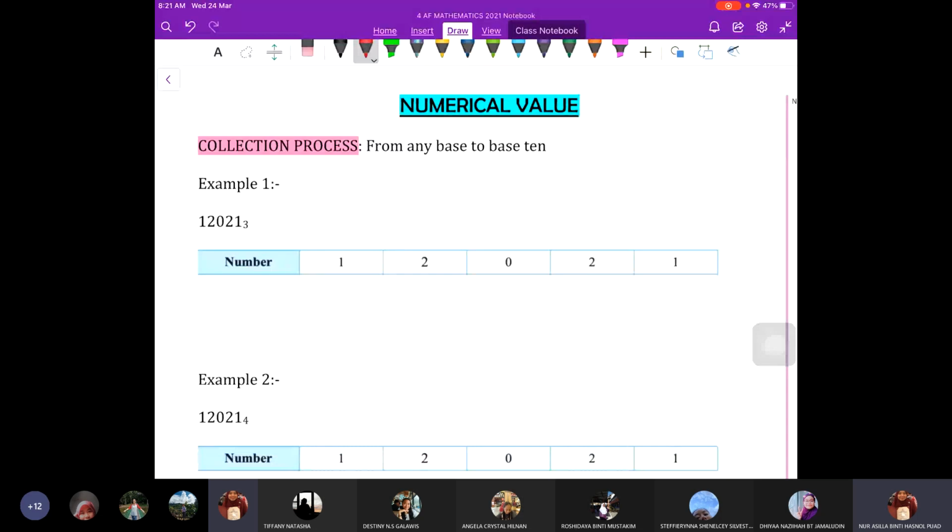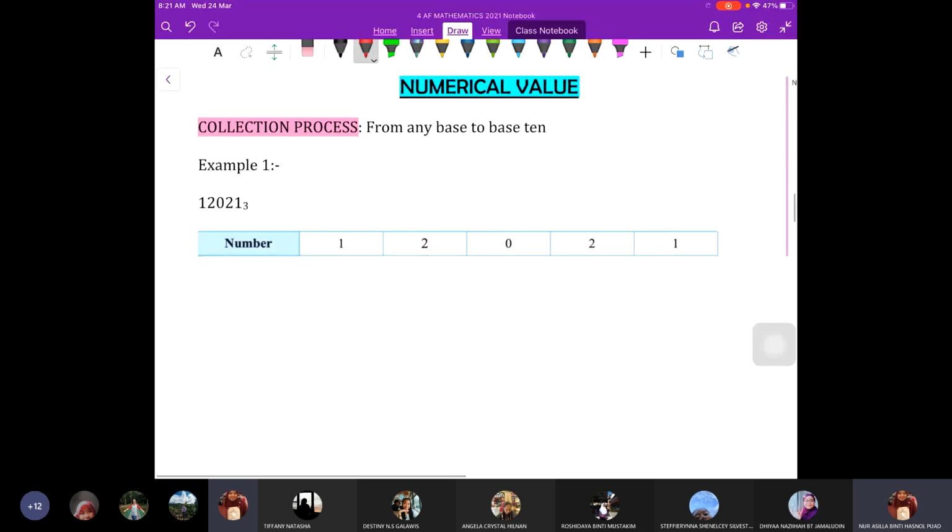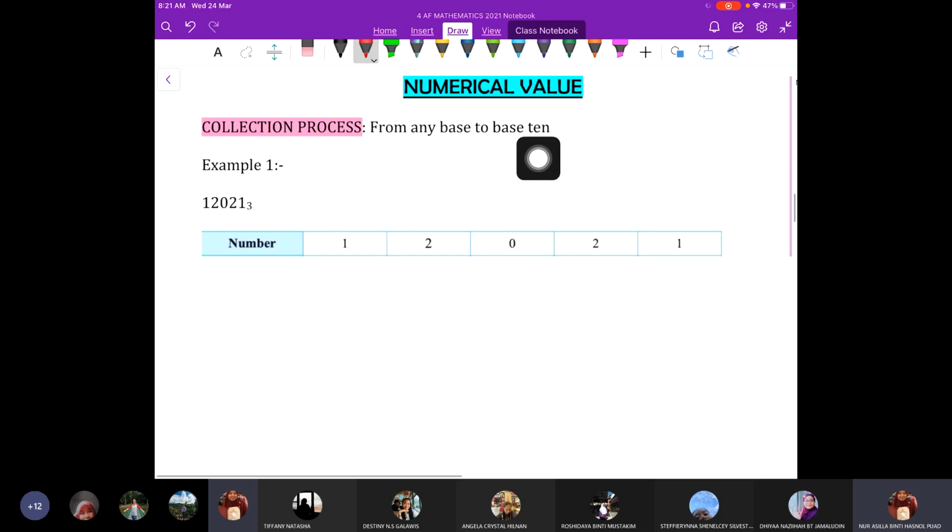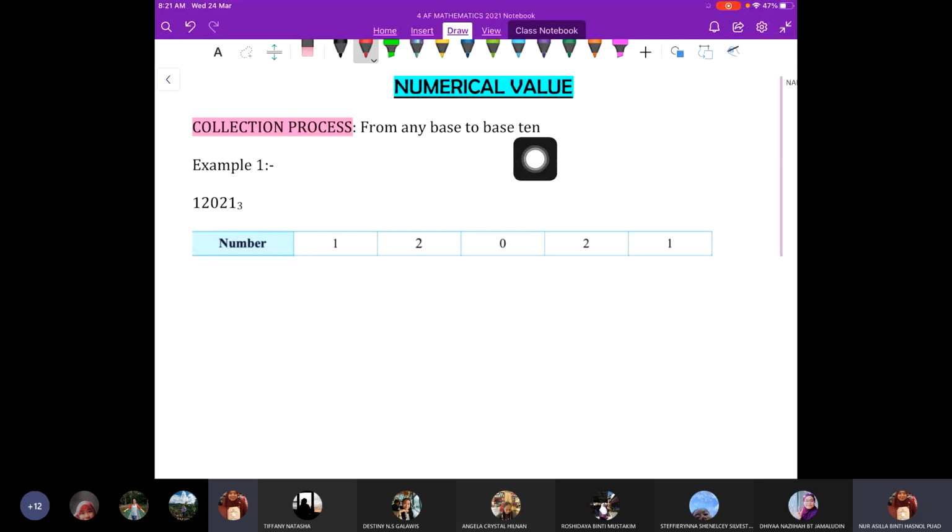So numerical value, inilah datangnya collection process. So collection process ni, dia adalah nak tukar. We are converting a number in any base to base 10. Kita nak kembalikan dia kepada base 10.